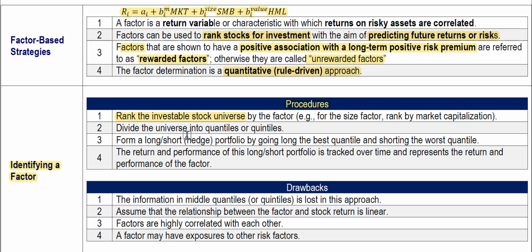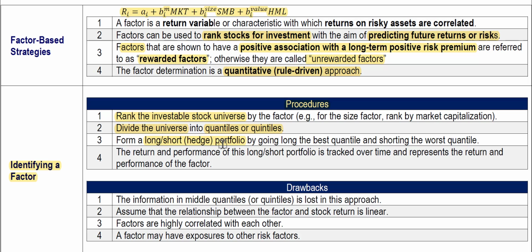When I rank them, I divide the investment universe, all the stocks, into quintiles or quantiles or percentiles, whatever you want to use, but most likely we use quintiles. Then, if this has a persistent, prolonged, rewarding factor premium, we can hypothetically form a long-short hedging portfolio strategy.